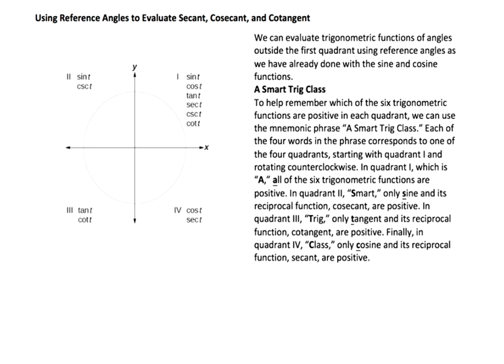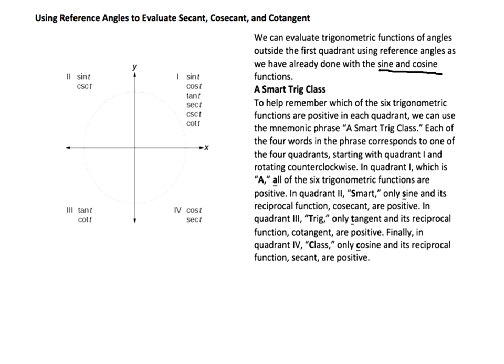Okay, using reference angles to evaluate secant, cosecant, and cotangent. We can evaluate trigonometric functions of angles outside of the first quadrant by using reference angles, as we've already done with sine and cosine.